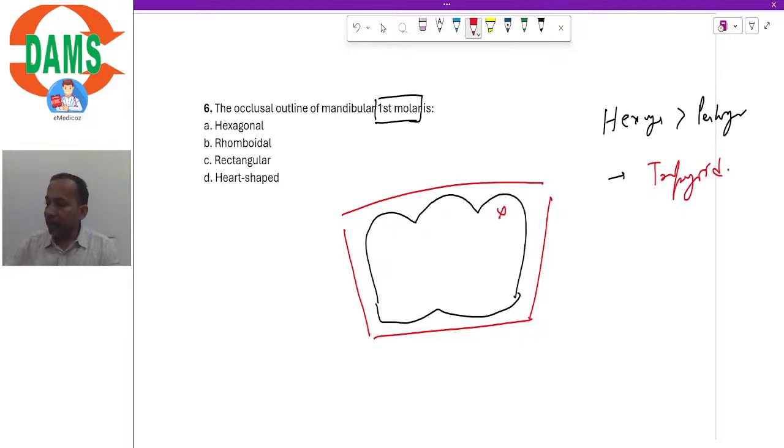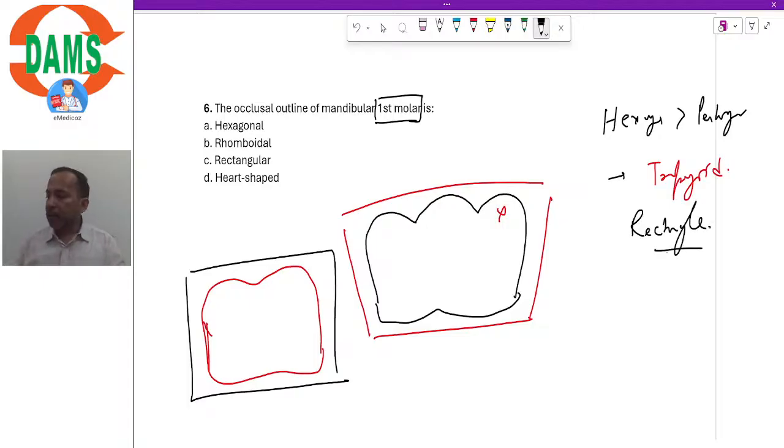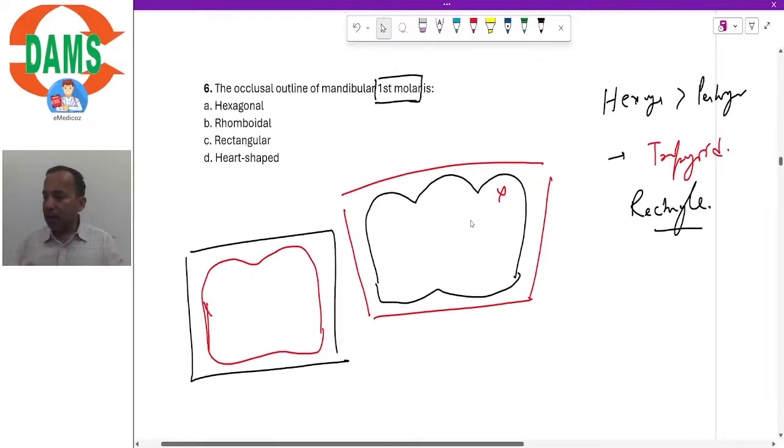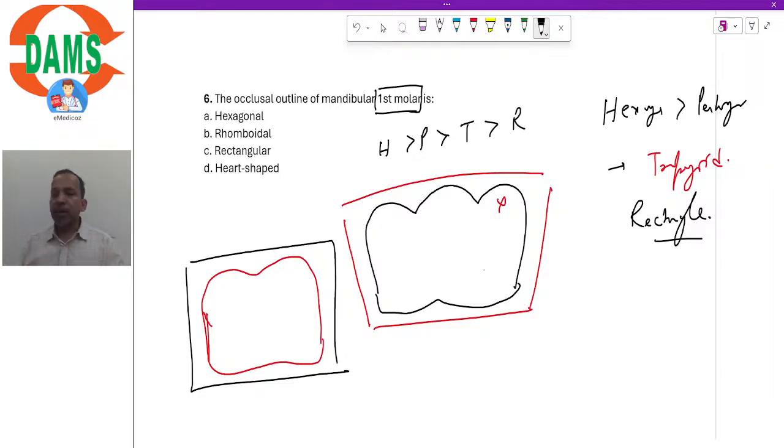And when this distal cusp is entirely absent, then this tooth might resemble a rectangle, isn't it? So the most common shape would be hexagon, followed by pentagon, then trapezoid, and then rectangular. That is the least common shape for the mandibular first molar.